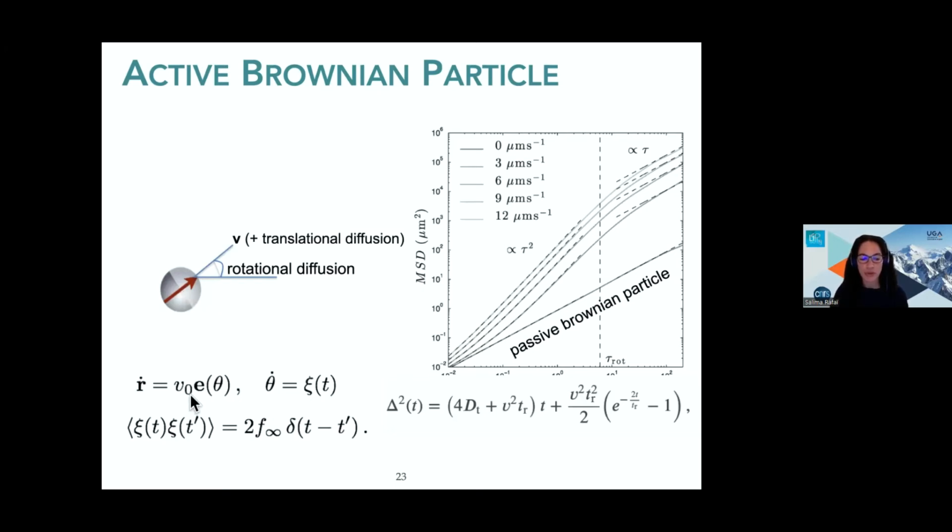So we use a constant velocity and orientation that is subject to white noise in this system. And with this very simple active Brownian particle model, the mean square displacement as a function of time can be shown to be diffusive if the velocity is 0. And then you increase the velocity more and more.